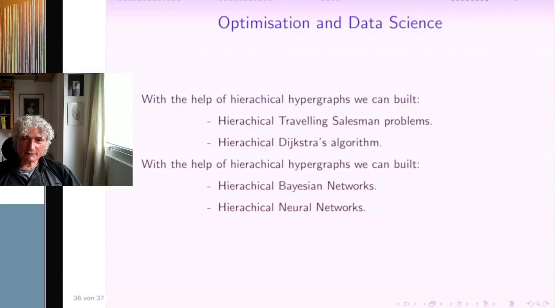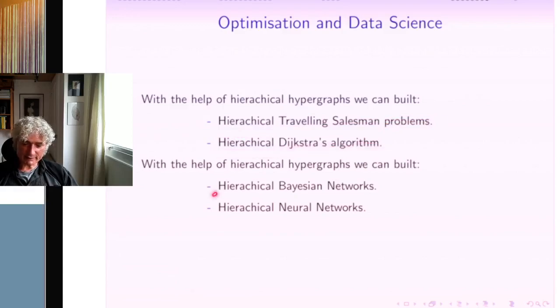You have, of course, many problems from classical graph theory that can now be refined in the context of hierarchical hypergraphs. So you can have hierarchical traveling salesman problems. You can have a hierarchical Dijkstra algorithm.